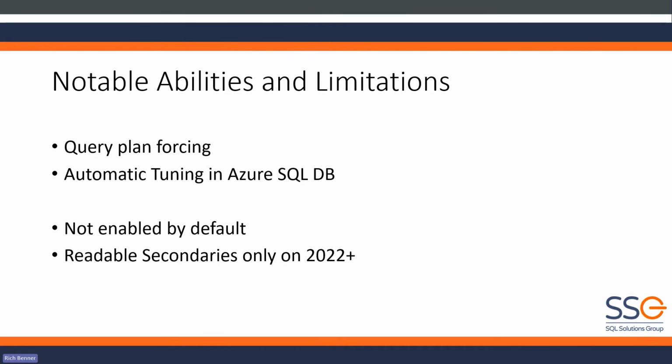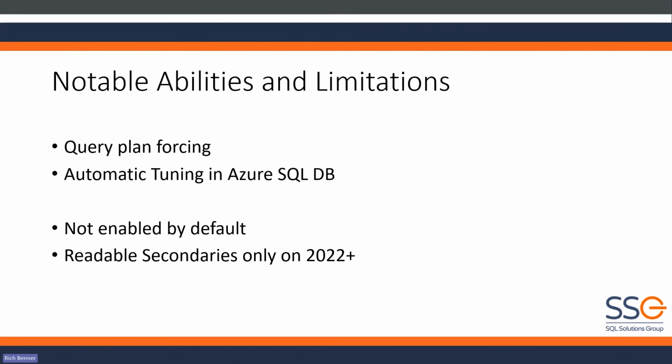Also, in availability groups, because Query Store is part of your MDF, it gets copied over as part of your AG. What that means is that your secondary is read-only, and because of that, Query Store can't capture data on your secondary. In 2022 plus, they're bringing out the feature to enable it on readable secondaries.